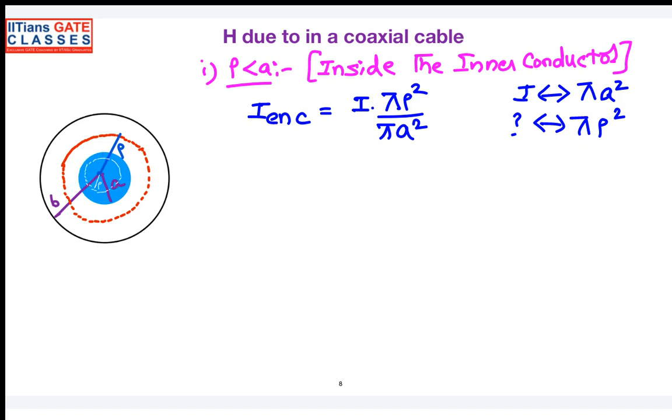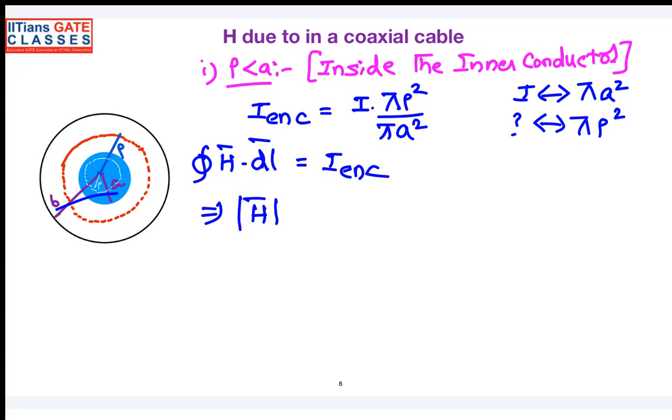Now we can apply Ampere's law. What does Ampere's law say? Integral H dot dl is equal to I enclosed. So you can see here H into the closed line integral.